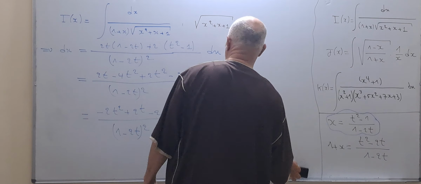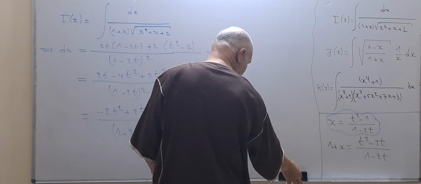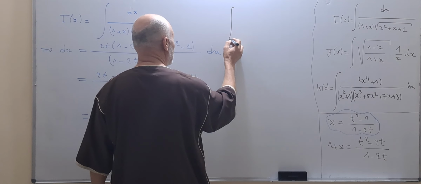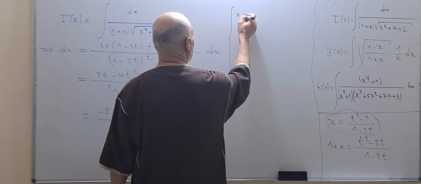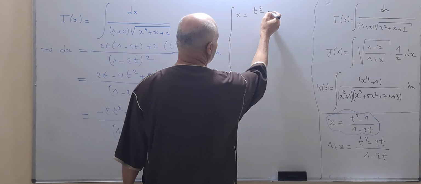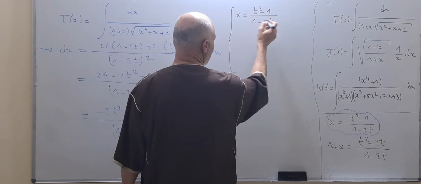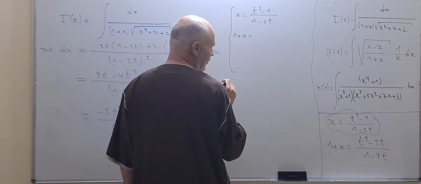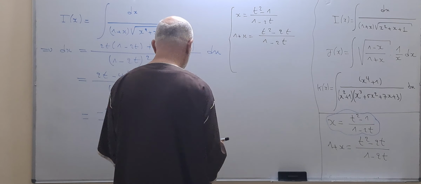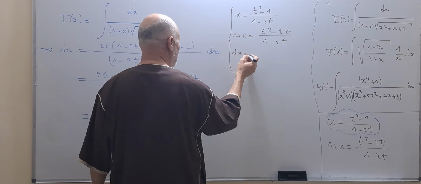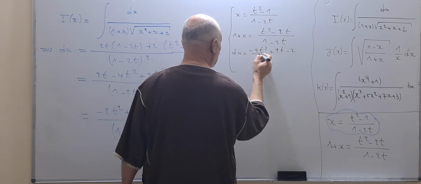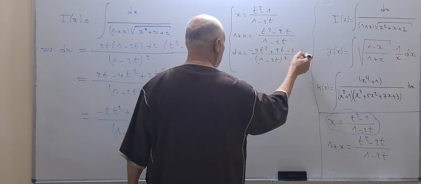So let us summarize what we get. We get x equal to t squared minus 1 over 1 minus 2t, sorry for the noisy pen. 1 plus x is equal to t squared minus 2t over 1 minus 2t, and dx is equal to minus 2t squared plus 2t minus 2 over 1 minus 2t squared dt.